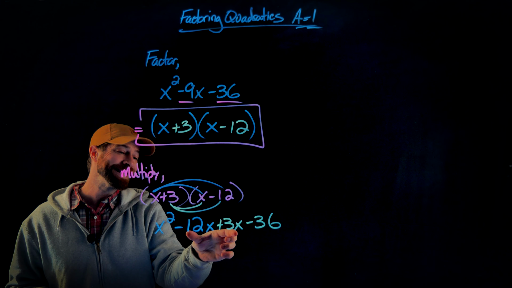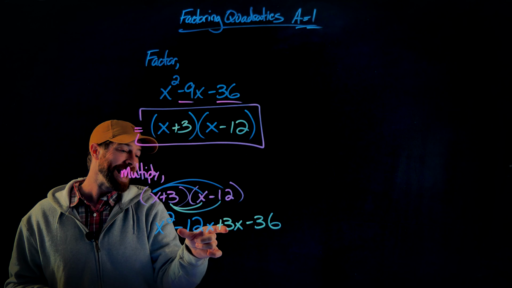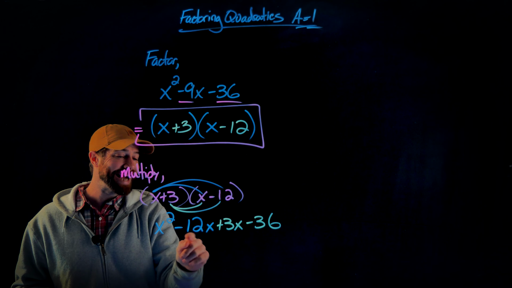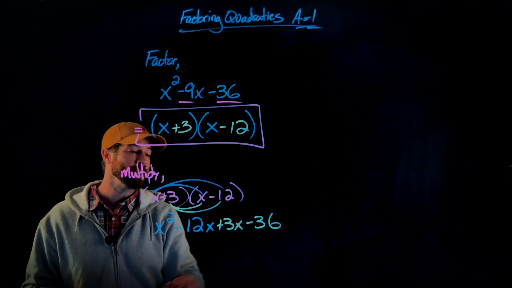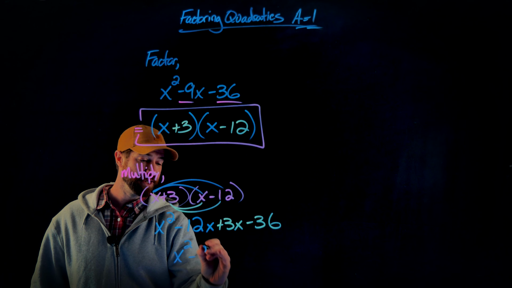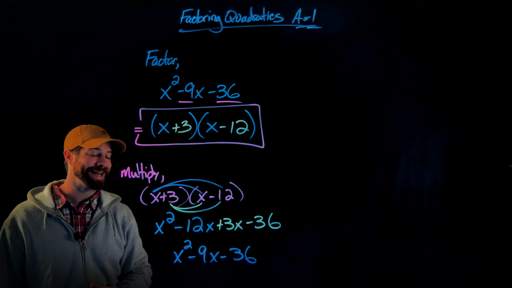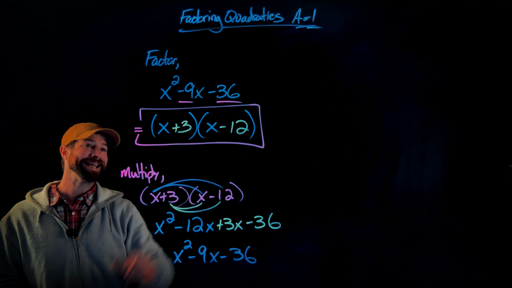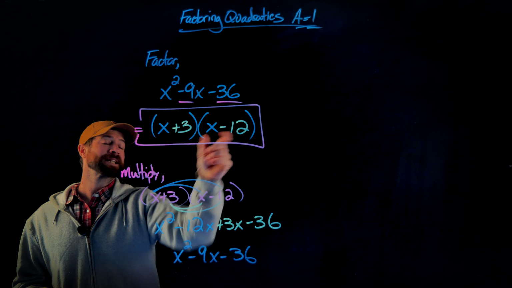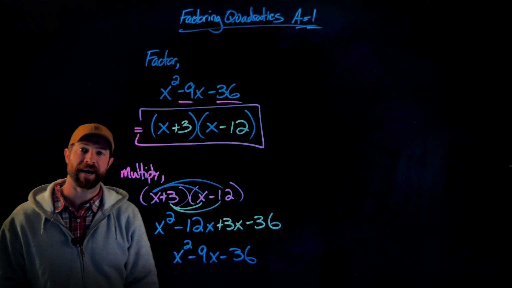When I combine these like terms, because of these x's in both of these terms, when I add these coefficients together, it's adding the negative 12 and the 3, which gives me the negative 9x. And when I simplify this, I do get my original quadratic of x squared minus 9x minus 36, meaning x plus 3 times x minus 12 is the factored version of x squared minus 9x minus 36.